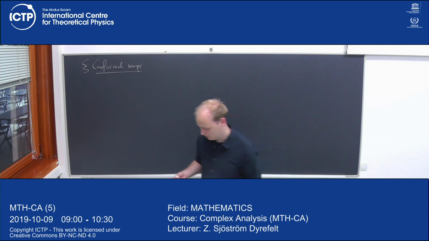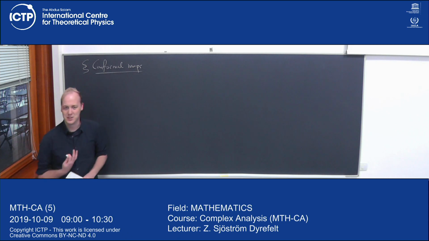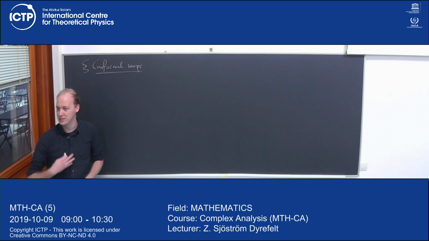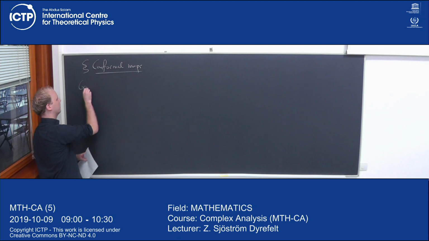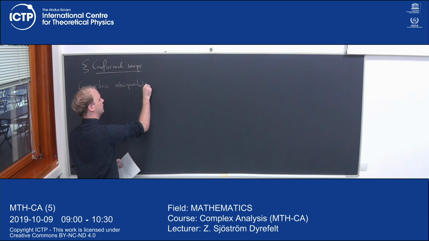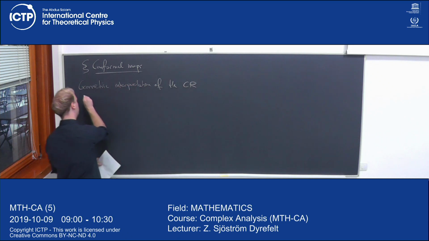But it doesn't say very much geometrically about what it means to be holomorphic. It satisfies some conditions on the partials, but what does it mean? So what do the Cauchy-Riemann equations mean? Let's now give a geometric interpretation of the Cauchy-Riemann equations.